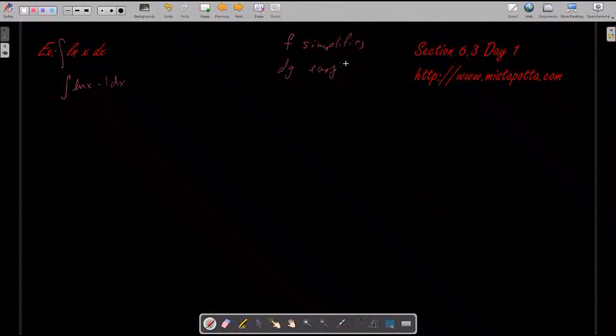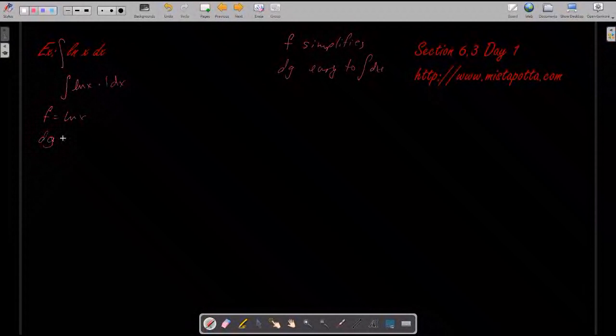So looking at this, I would say let f be natural log of x, and dg be 1 dx. So dg is easy to integrate. The antiderivative of 1 is x. f is easy to take the derivative of because the derivative of natural log x is 1 over x.